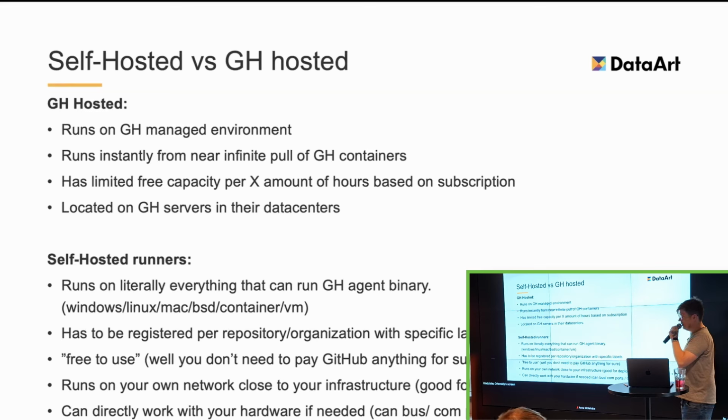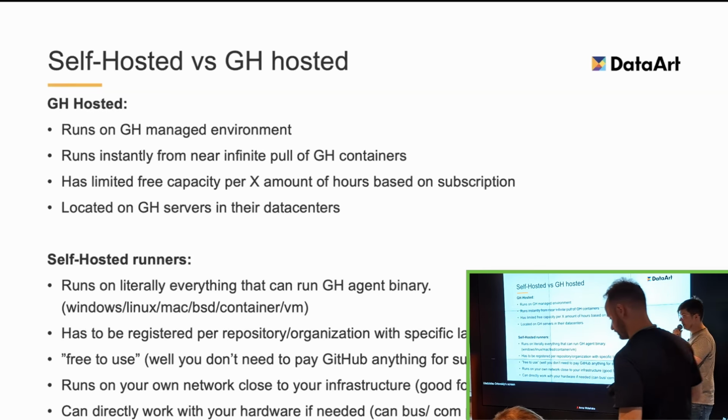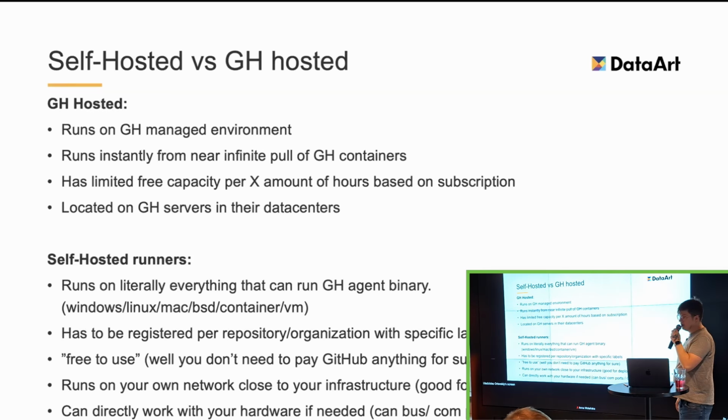What they lack is your control. You cannot plug in your specific hardware, CAN buses, GPUs, APUs. So if you're doing any hardware or embedded development, you definitely need a self-hosted runner if you want to continue to use GitHub Actions infrastructure.